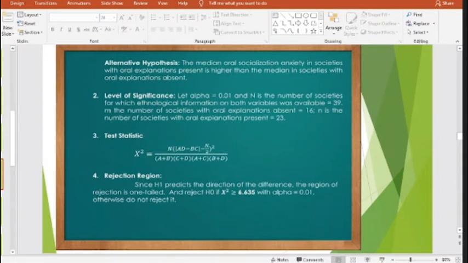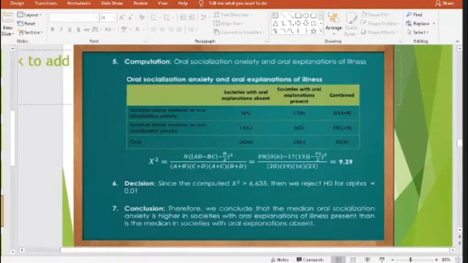So for the computation, we have oral socialization anxiety and oral explanations of illness, so there are two groups: societies with oral explanations absent and societies with oral explanations present. For the left side, or the y-axis, we have societies above the median on oral socialization anxiety: 3 for absent and 17 for present.